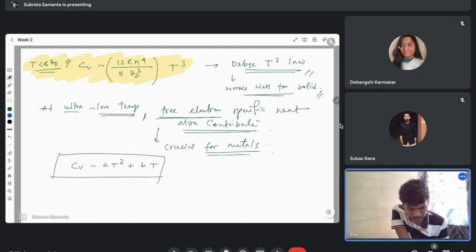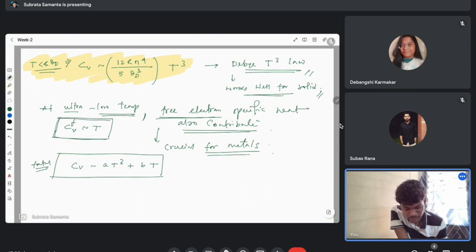So this is the total. And at ultra low temperatures, the free electron specific heat, let's say Cv free electron, is actually proportional to temperature. There are rigorous derivations for this, but we are not going into them.